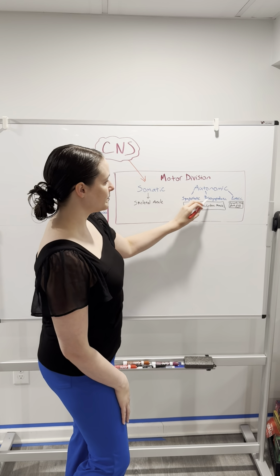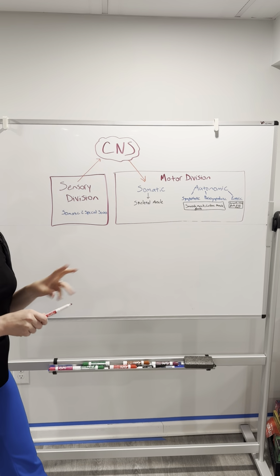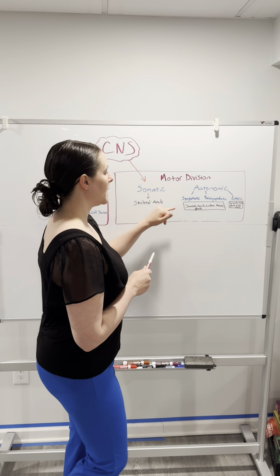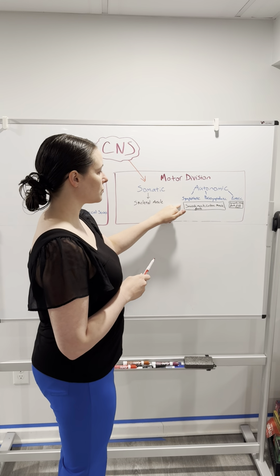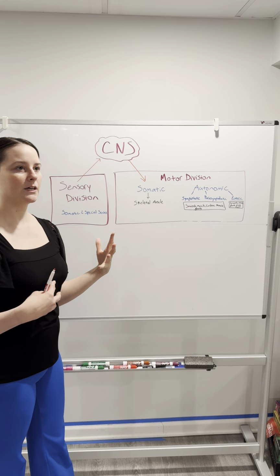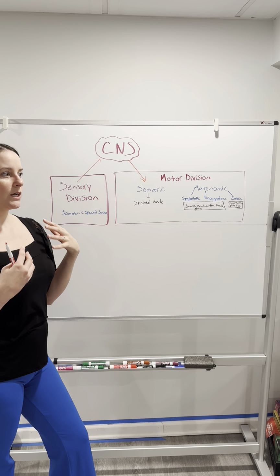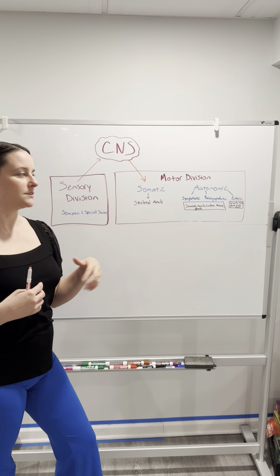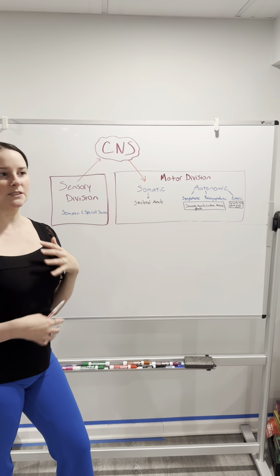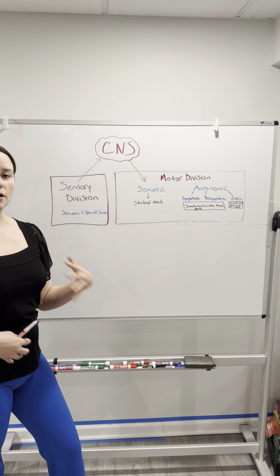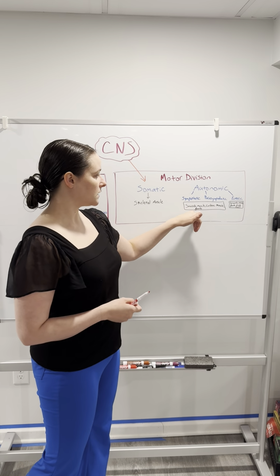Then we have our sympathetic and parasympathetic divisions, and we'll talk more about that in a little bit. But these control our other autonomic systems. So like our heart rate, so cardiac muscle, so smooth muscle in our organs, okay? And glands.